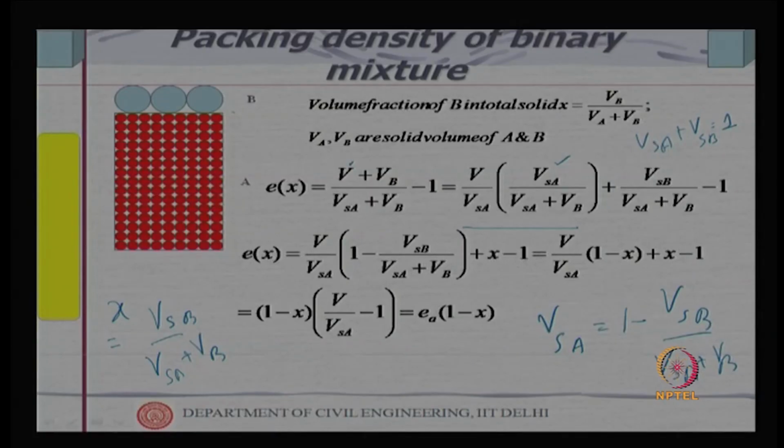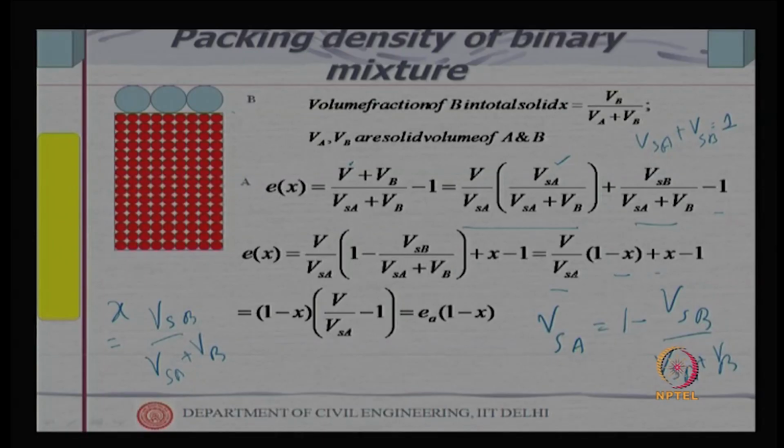So this is x, and this is also x by definition, minus 1. So I can write V by VSA times 1 minus x, plus x minus 1, and I can take 1 minus x common.